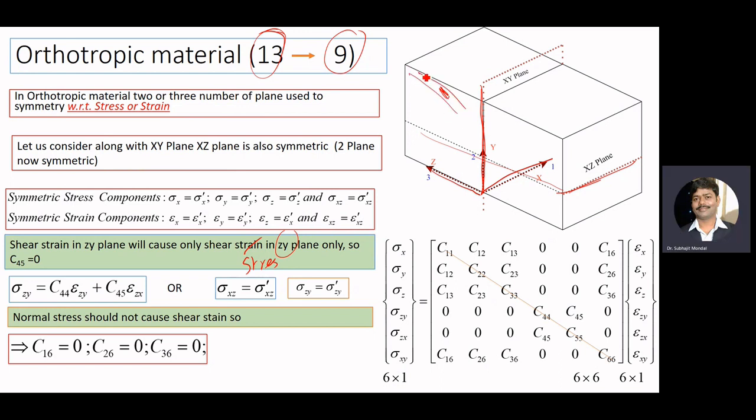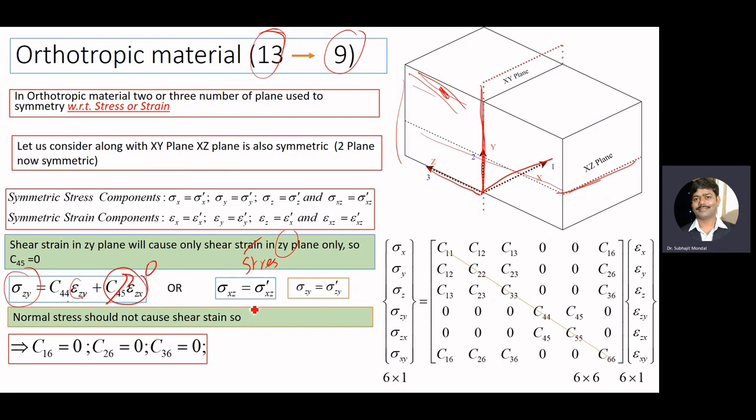Shearing stress in this plane could cause shearing strain in the YZ plane only. In that case, we can write that sigma YZ is equal to C44 epsilon YZ plus C45 epsilon ZX. Since shearing stress should only cause shearing strain in that particular plane, C45 must be 0.